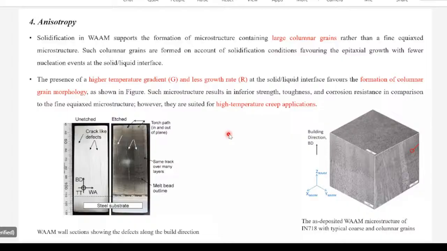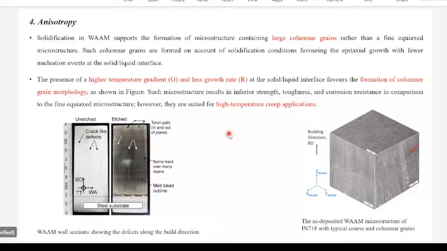Anisotropy I've already discussed in the first session: the material properties in the bottom region and the top region will be different if the thermal gradient problem is there. In anisotropy, solidification in VAM supports the formation of microstructure containing large columnar grains rather than fine equiaxed microstructure.